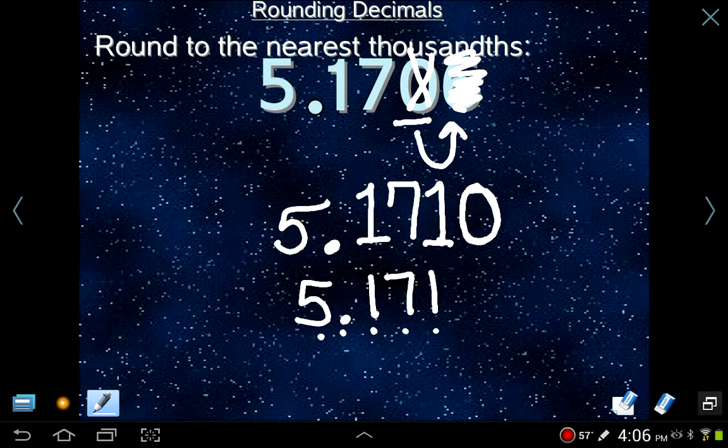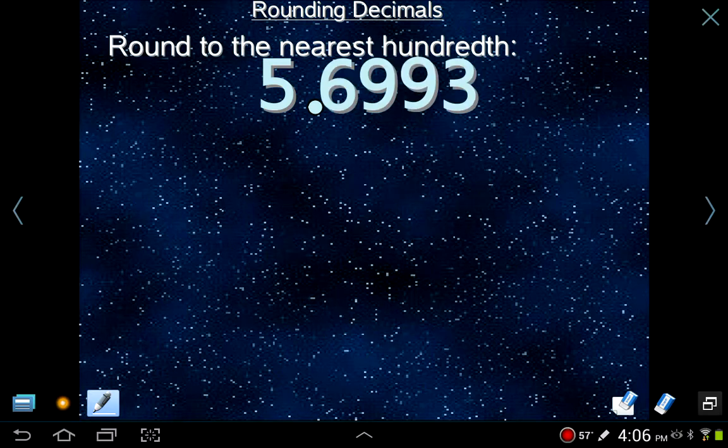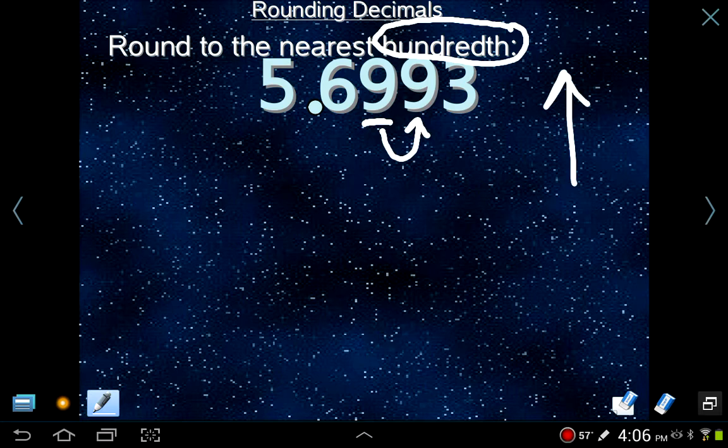Now this one's a tricky one to do because we have some 9s in here. Let me show you what happens here. So this one we're rounding to the nearest hundredths place. The hundredths place is right here, it's the first 9. Now that 9 is next to another 9, which means, of course, we are going to raise the score. So that 9 is going to turn into a 10, which wouldn't make sense.